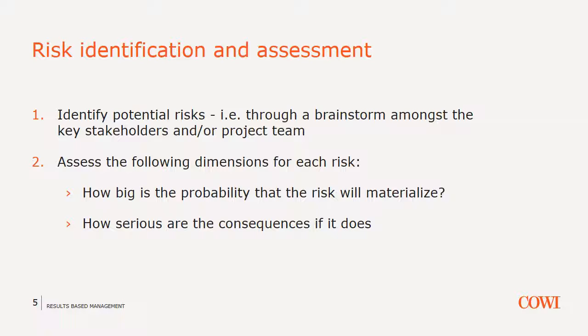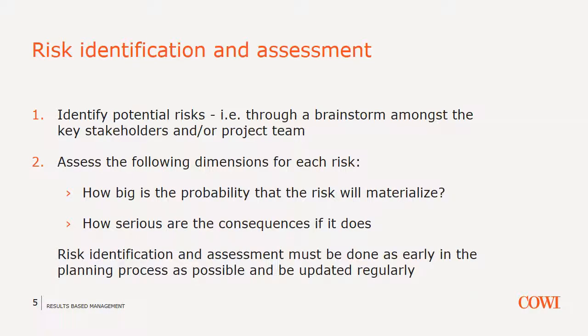On the next slide, you will see a simple risk assessment matrix that contains two central features. One, the probability of the risk materializing, and two, the importance of the consequences if the risk materializes. Remember, risk identification is a proactive process that you want to do before you're surprised by the risks.